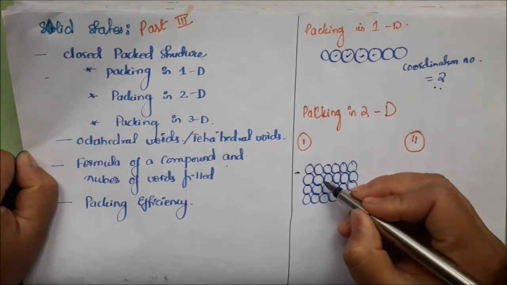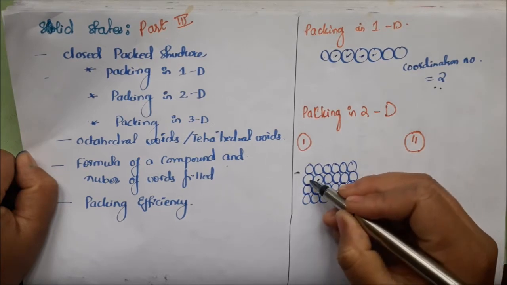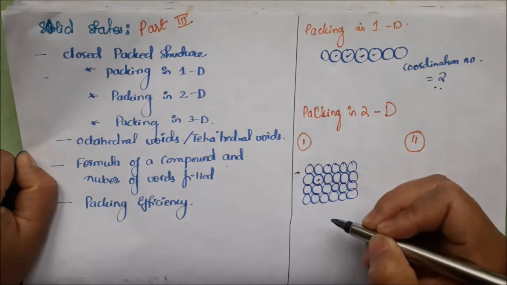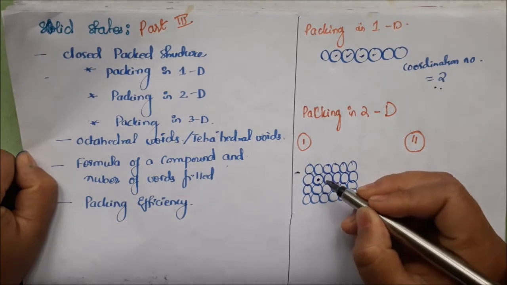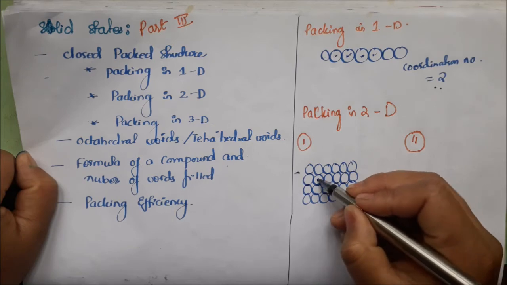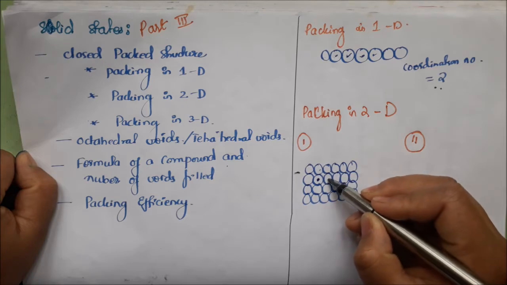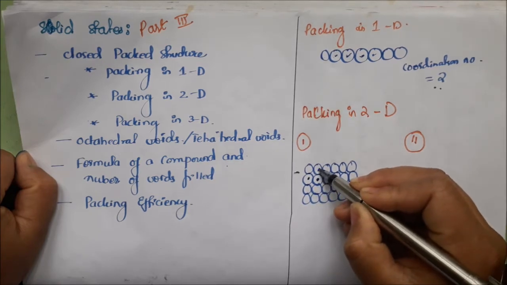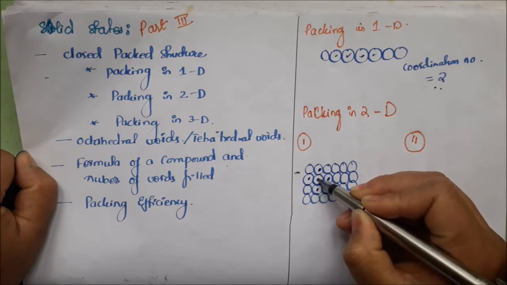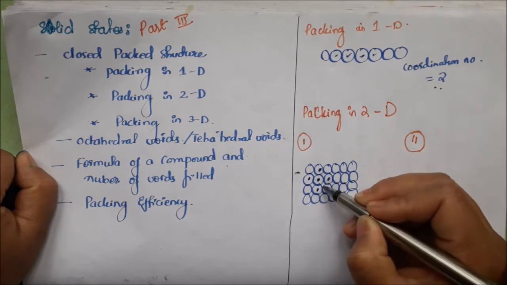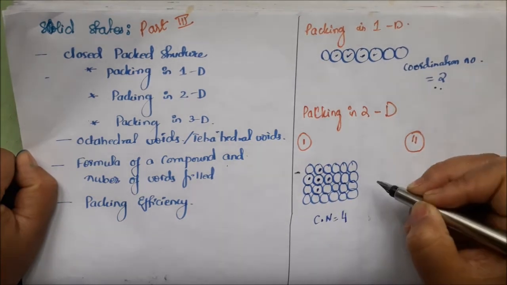Now if you consider one atom and look at the coordination number, how many atoms is it touching? It touches these atoms, but not these. So the coordination number here is 4.